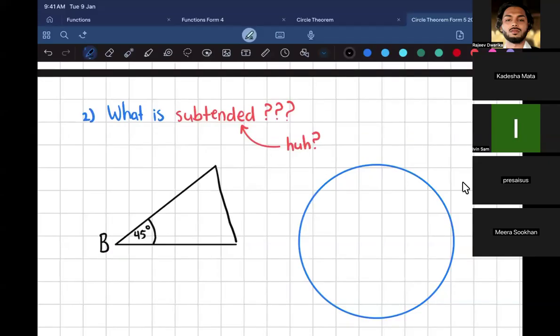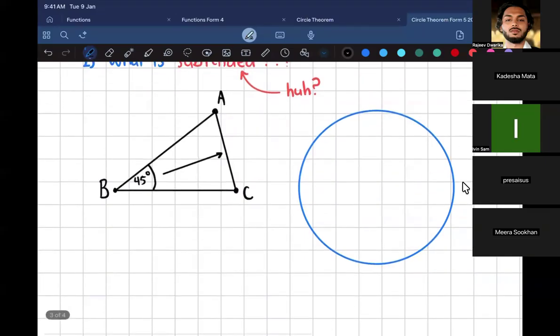Let me just complete the triangle. So I could call this B, I could call this A, I could call this C. I would say that the angle, 45 degrees, is subtended by the line AC. So angle B, which is equal to 45 degrees, is subtended by the line.